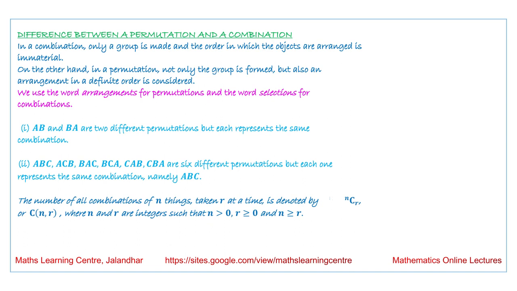So we have explained the difference between permutations and combinations. In combinations only a group is made, and the order in which the elements are arranged is immaterial. But in permutations, not only is the group formed, but the order in which they are arranged also matters.